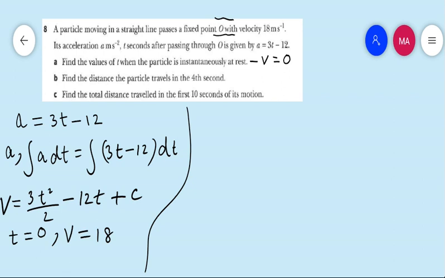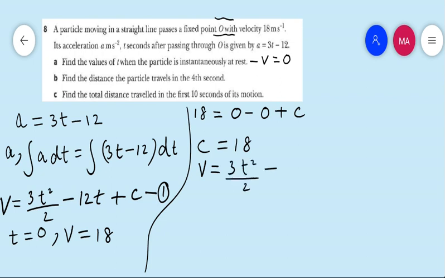So put this value in equation number 1. 18 is equal to 3t square upon 2, t is 0 so it is 0, minus 12 into 0, it is 0, plus c, so c is equal to 18. Therefore the velocity is 3t square upon 2 minus 12t plus 18.